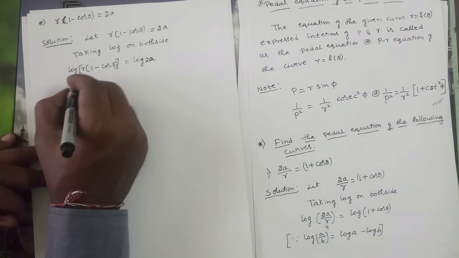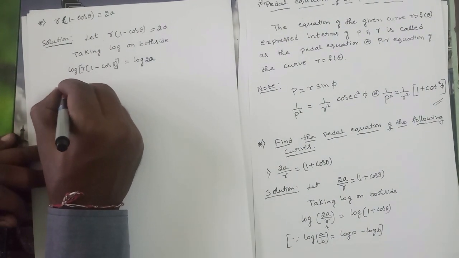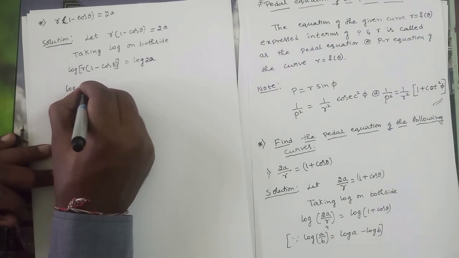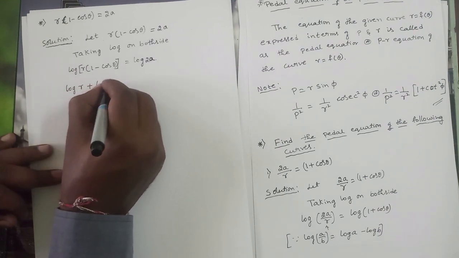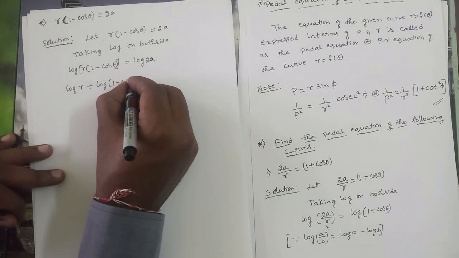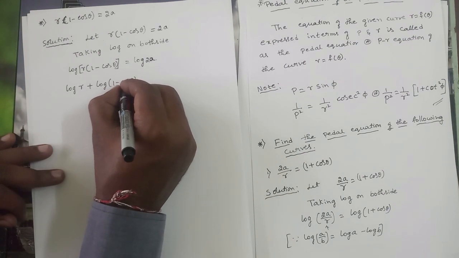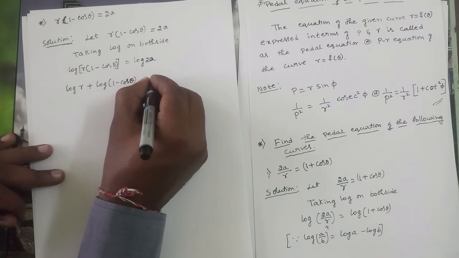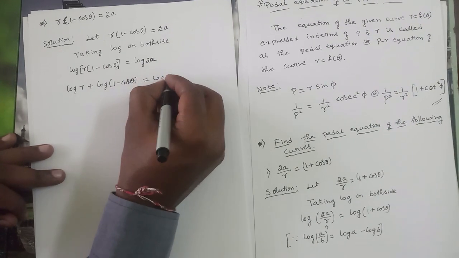Now this can be written as log R plus log of 1 minus cos theta equals log 2A.